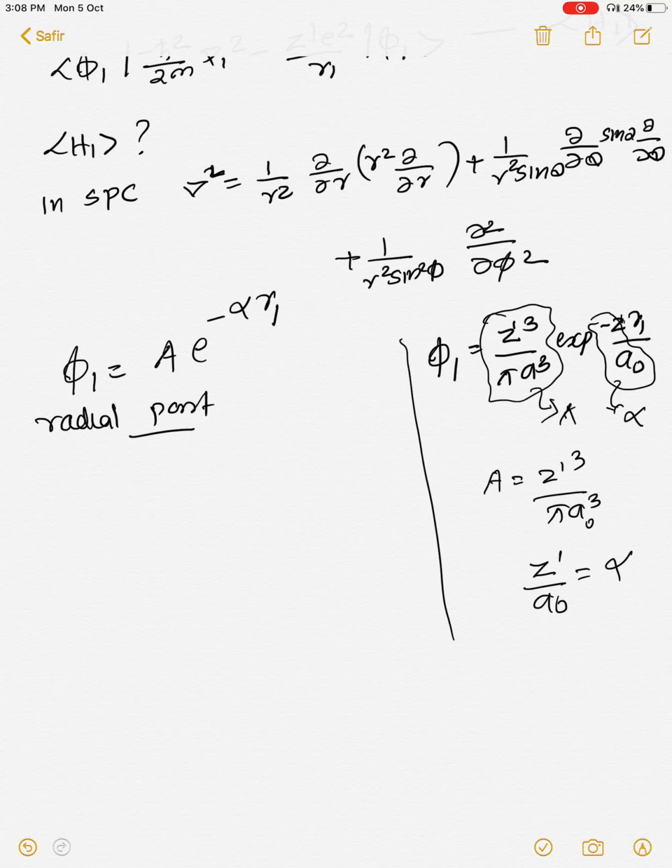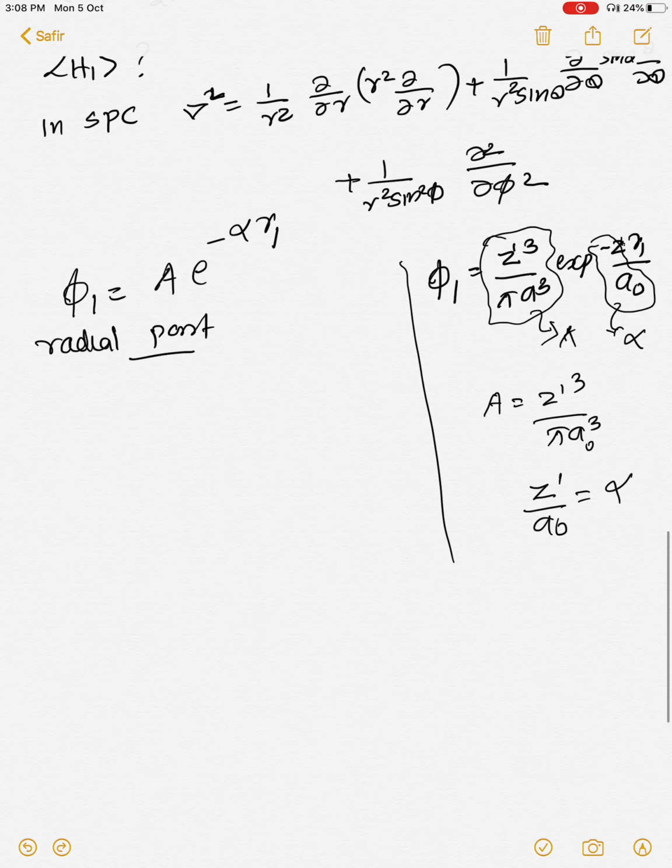So for that, the first term: phi 1 is A e power minus alpha r1. I am going to find dou phi 1 by dou r1, which is equal to minus A alpha e power minus alpha r1.